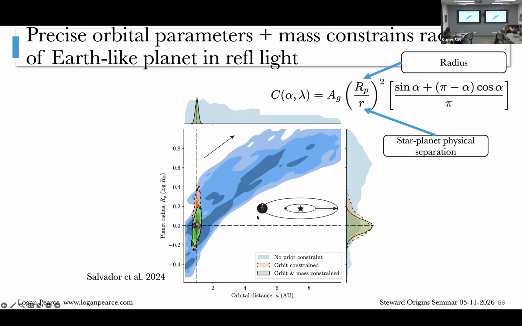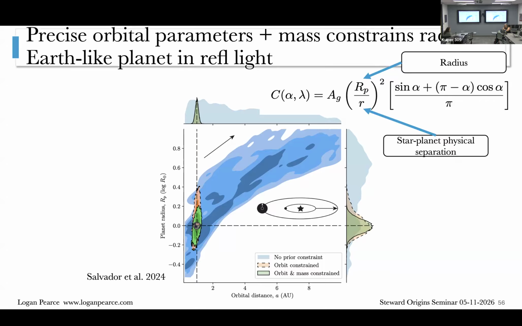So a giant planet far away can have the same flux as a small planet close in. To narrow down the radius more tightly, you need orbit information and ideally a tight mass constraint too, which you can't get from an indirect method like radial velocity.